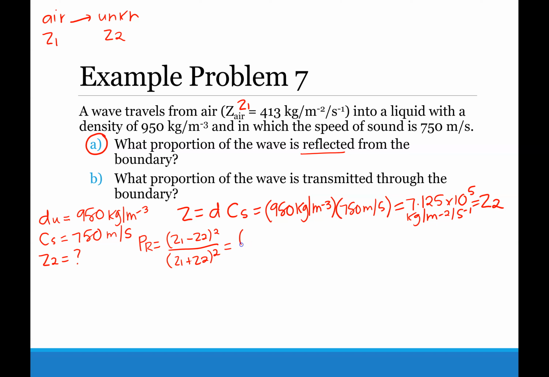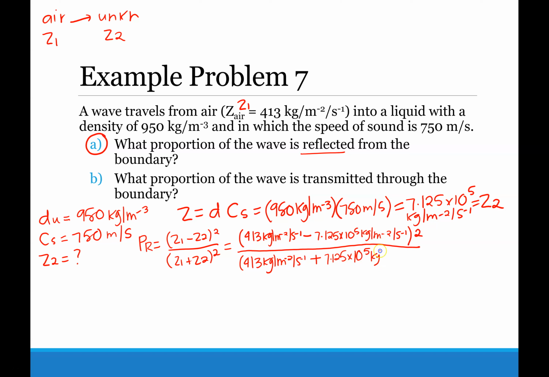So putting that in here, with air being Z1, they told us that Z1 is 413 kilograms meters minus 2, seconds minus 1, minus our Z2 that we calculated, which is 7.125 times 10 to the 5th kilograms meters minus 2, seconds minus 1, squared, and then all of this divided by 413 kilograms meters minus 2, seconds minus 1, plus 7.125 times 10 to the 5th kilograms meters minus 2, seconds minus 1 squared.